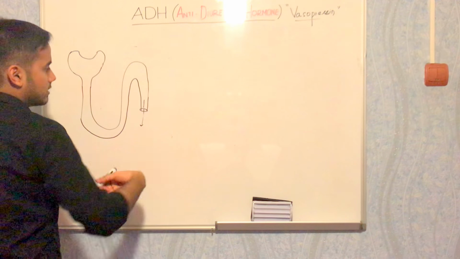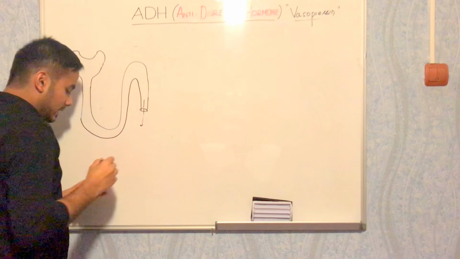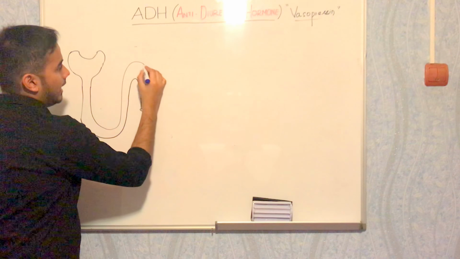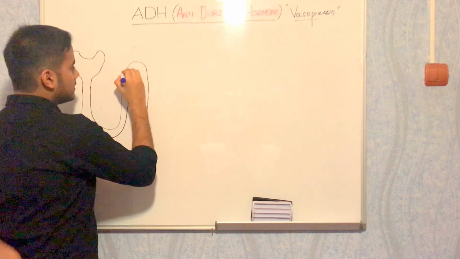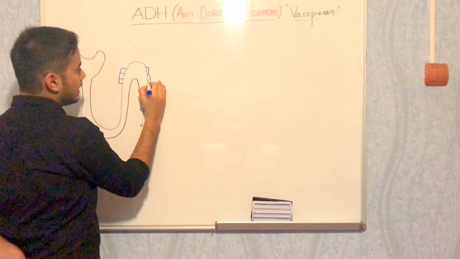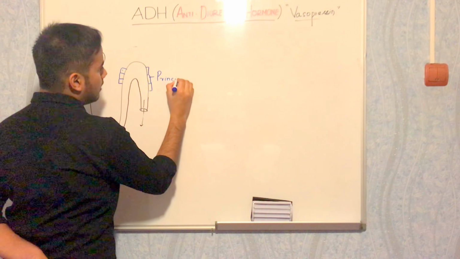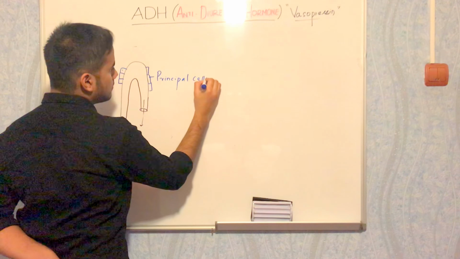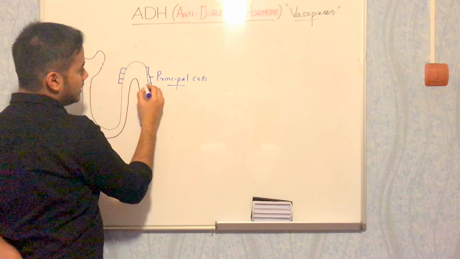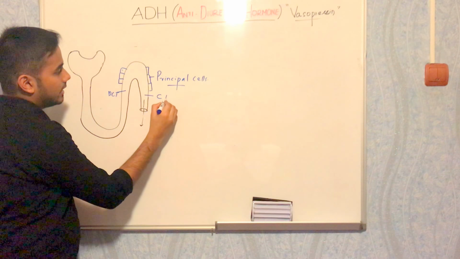This is your nephron and this is just a schematic representation, where you excrete the urine, right? The cells located here, this is the distal convoluted tubule and this is your collecting duct. The cells which line the distal convoluted tubule and the cells that line the collecting duct are named principal cells. Principal cells are located in the DCT as well as the collecting duct.